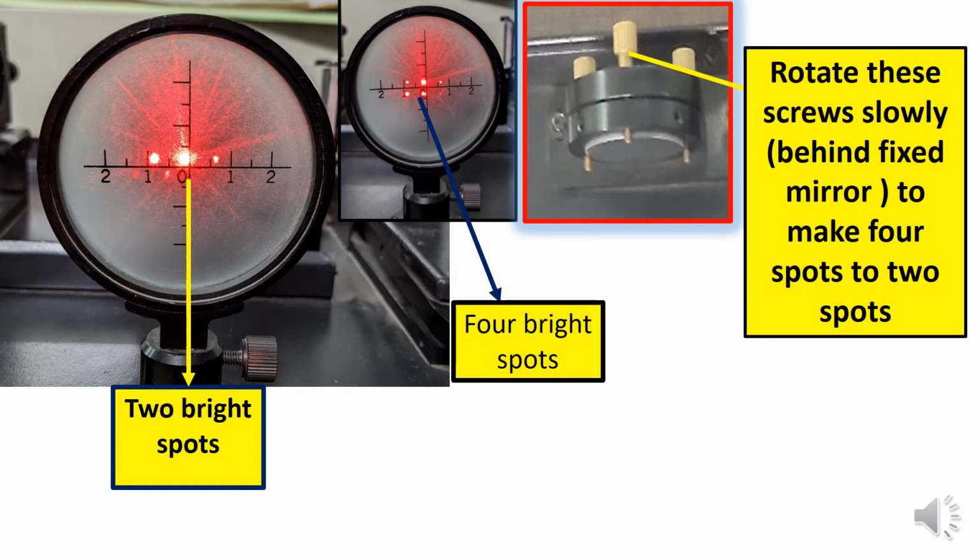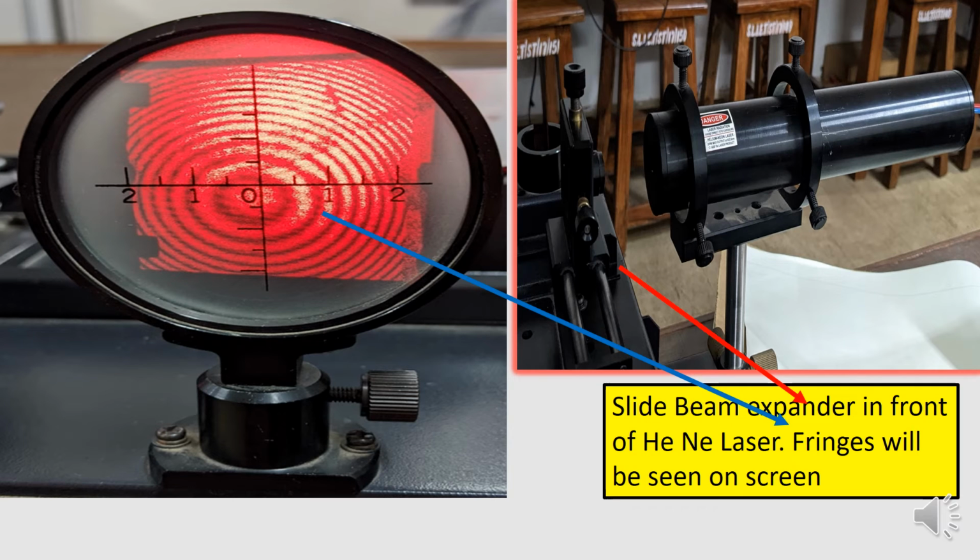Now we will try to merge these four spots into two spots by using the screws behind the mirror. Once we get the two spots, we slide the beam expander again in front of the He-Ne laser.